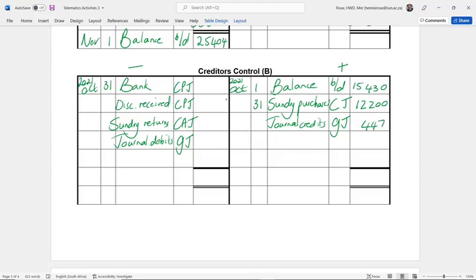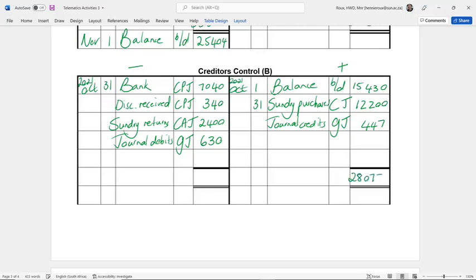In the CPJ, we paid our creditors 7,040 and we received discount of 340. We return items to the value of 2,400 and then our journal debits 630. We know the credit side must be the most, so we add up the credit side.